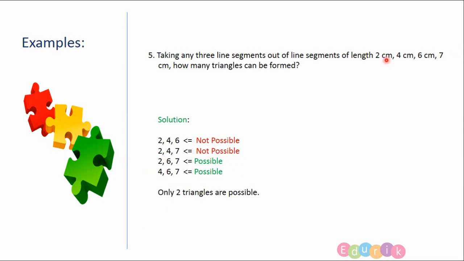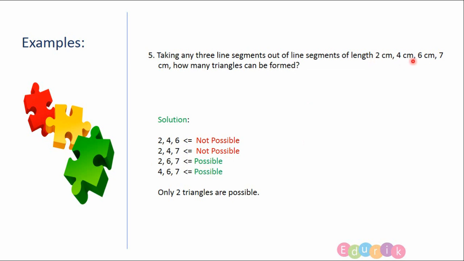Now if we take the third case, which was 2, 6 and 7, in this triangle the sum of any 2 sides is greater than the third side. Take 2 plus 6, 8, greater than 7; 6 plus 7, 13, greater than 2; 2 plus 7, 9, greater than 6. So such a triangle is perfectly possible.